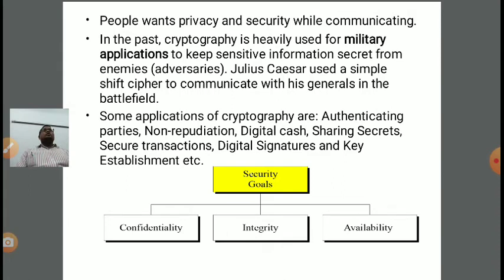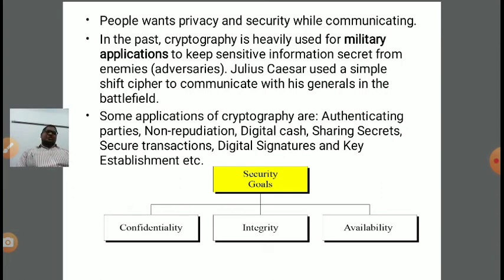So to provide privacy or security to the information, we require cryptography. People want privacy and security while communicating. We want to show our message only to the intended receiver, so we require some security mechanism. The security mechanism heavily used is known as cryptography.